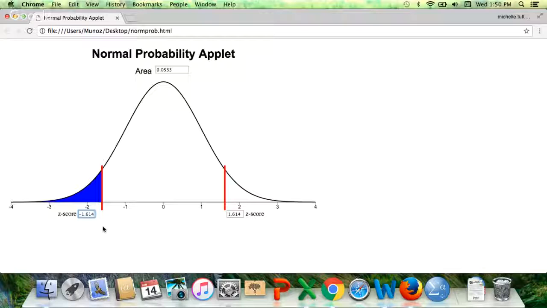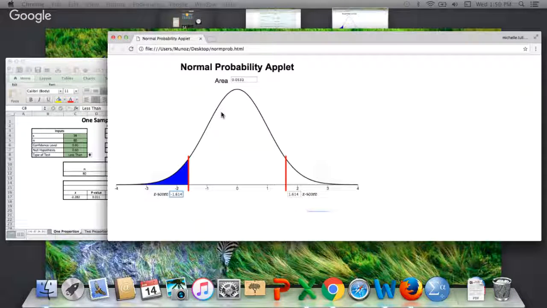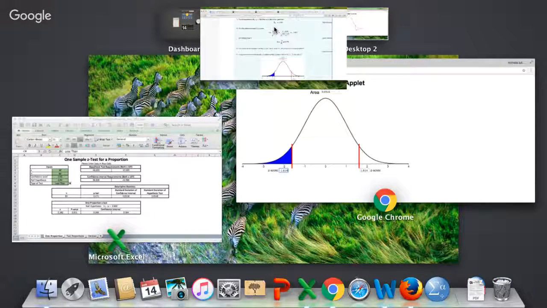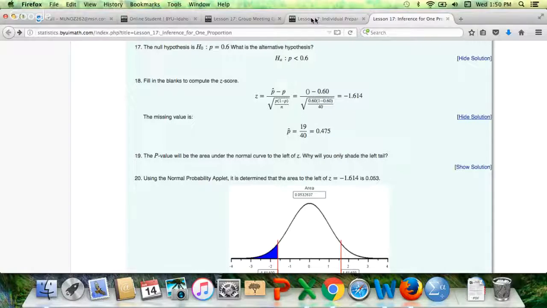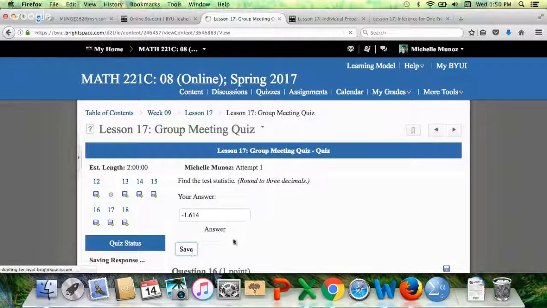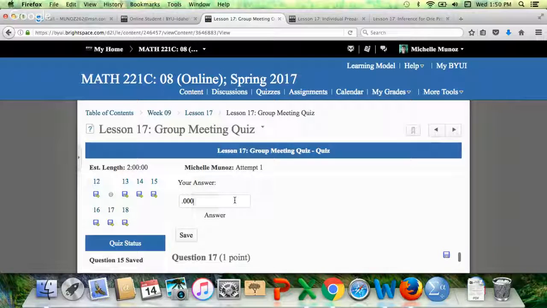Okay, this is the one I put in here, and this is the one I put in here. I have to write down my answer so I remember what I'm doing. Me too. Okay. Let me go back to my quiz and see what I'm typing in here. Number 15, I'm going to say is negative 1.614. And number 16, I'm saying is negative 1.614.